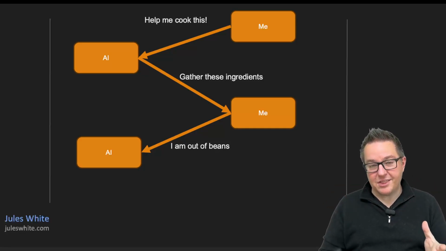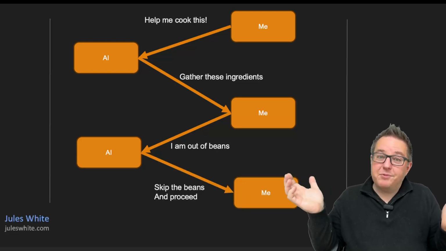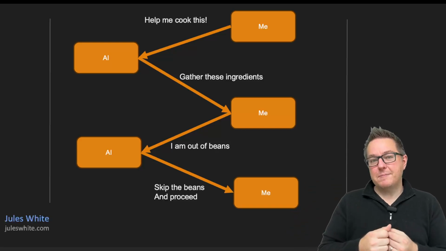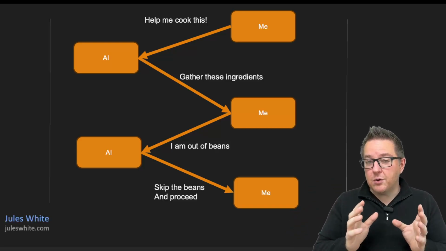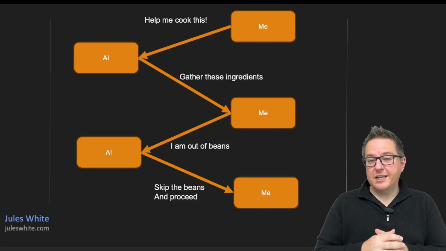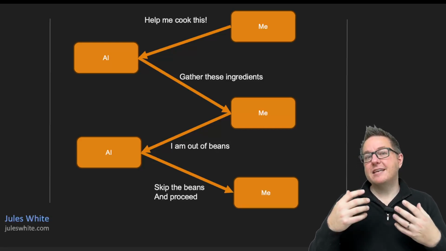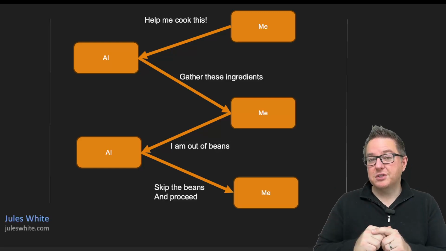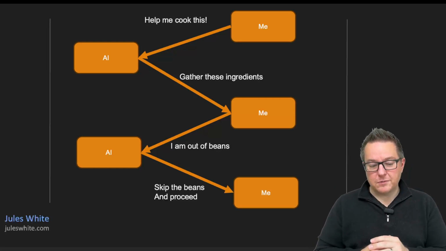So this is one of the key things: when I say, I'm out of beans, it can come back and say, well, just skip the beans and move on, or use this instead. That's the thing that makes AI agents so incredible and so valuable when we build a really powerful agent: it can adapt and handle situations more robustly sometimes, if we do a good job, than if we just wrote code.